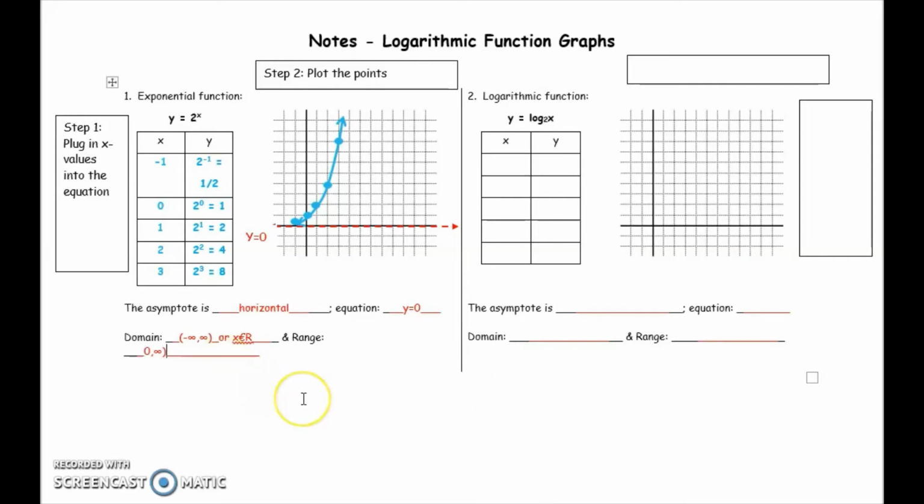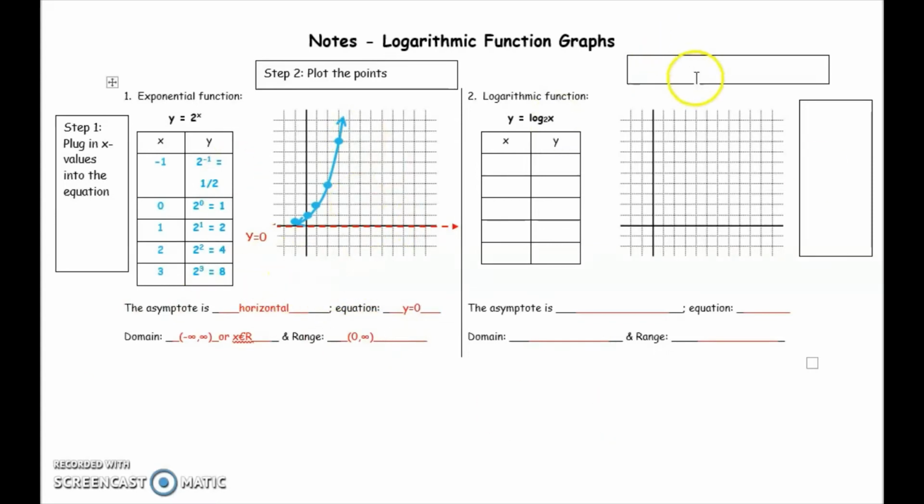We can never reach infinity, so that's open. We are not reaching 0, it's not part of the range, so we also get a parenthesis here. It gets really close to it, but it's not there. So this is our function. Remember these are not included points.